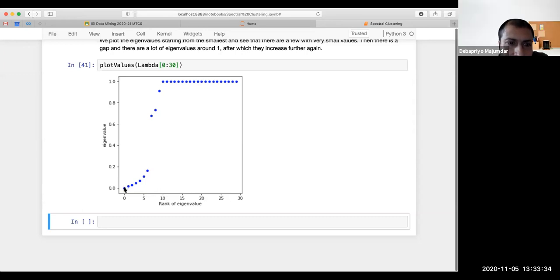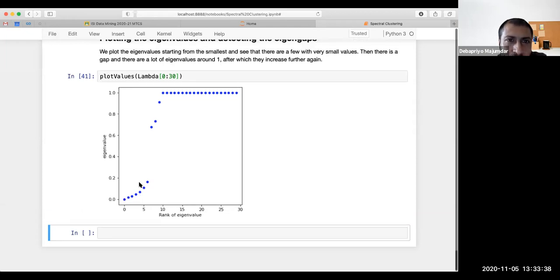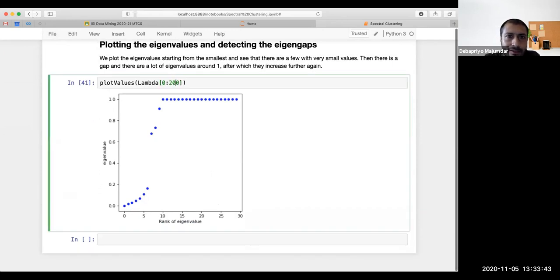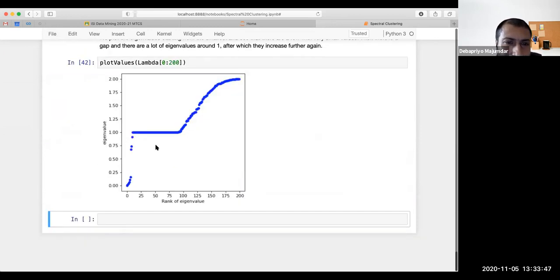However, suppose the eigenvalues increase hugely. Let's look at this picture. Suppose the picture was something like this: instead of this flat line here, suppose I had a line going upwards like this, and then there was an eigengap. Now it becomes a bit more complicated. Or there is some around 0, then there is a small gap, then it goes up, then there's a large gap.